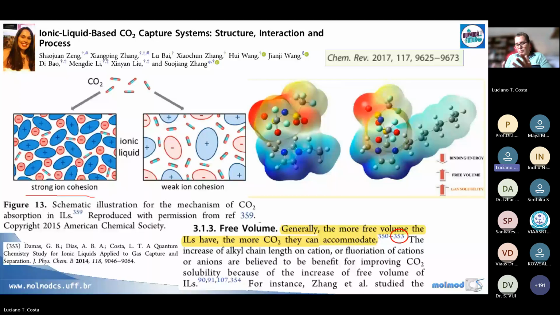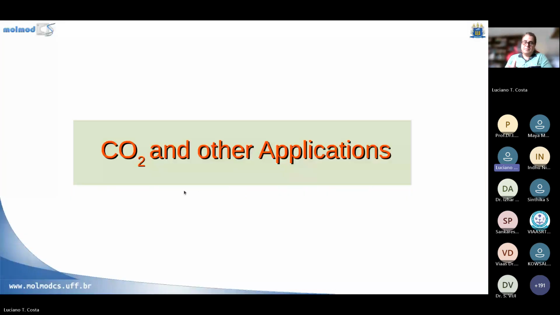So, but we have not only this problem to show you. We have also worked with many other materials to capture CO2 and other applications that we are working on.